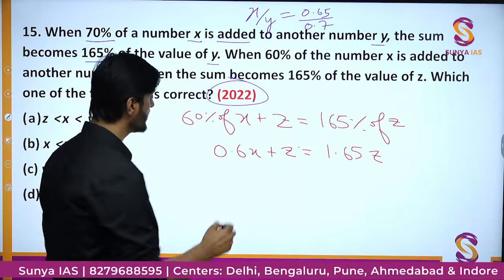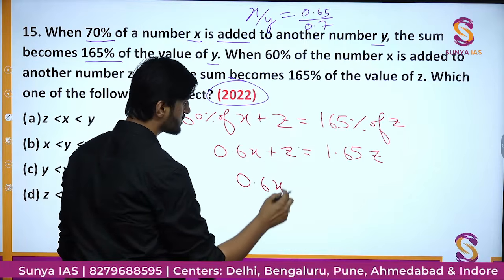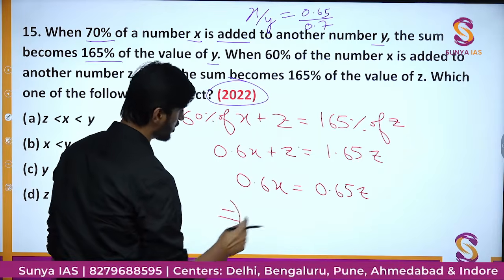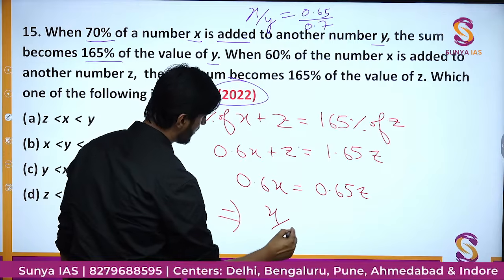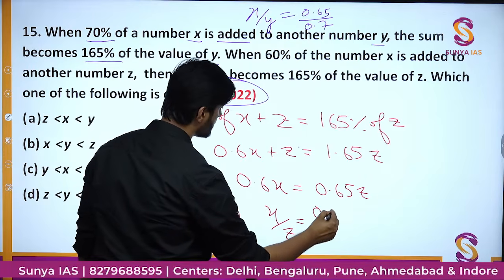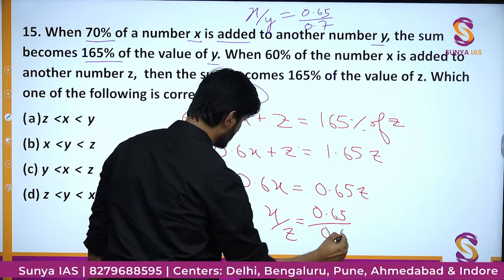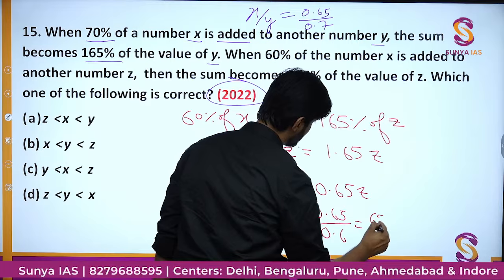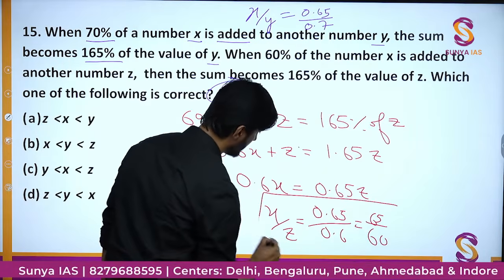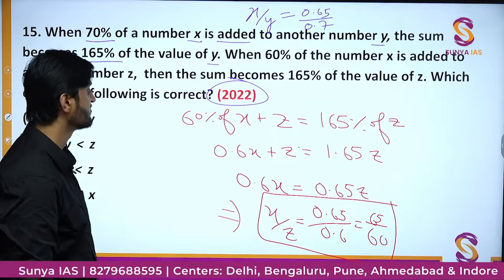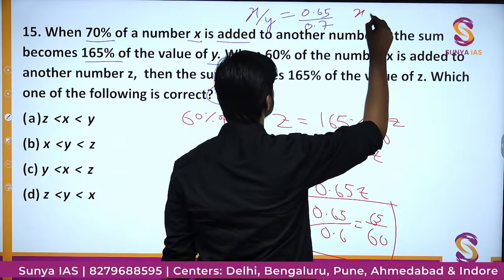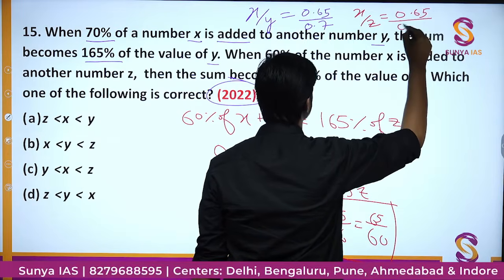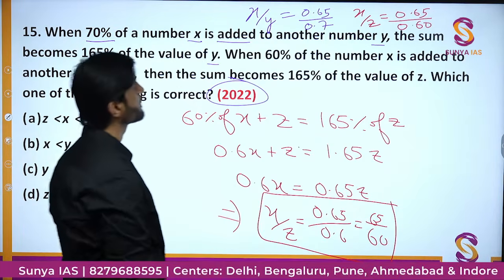Send z to that side, you will get 0.6x is equal to 0.65z, or on cross multiplication you will get x upon z is equal to nothing but 0.65 upon 0.6, and you can also simplify the values in terms of 65 by 60. So we get one more relation between x and z, and from here x upon z is nothing but 0.65 upon 0.6. Is it okay?